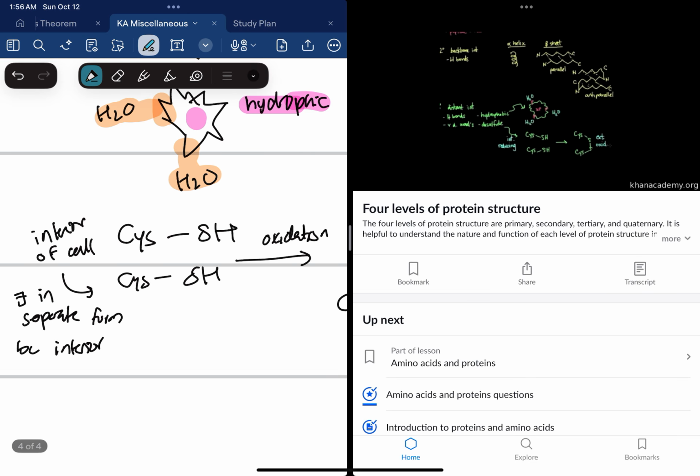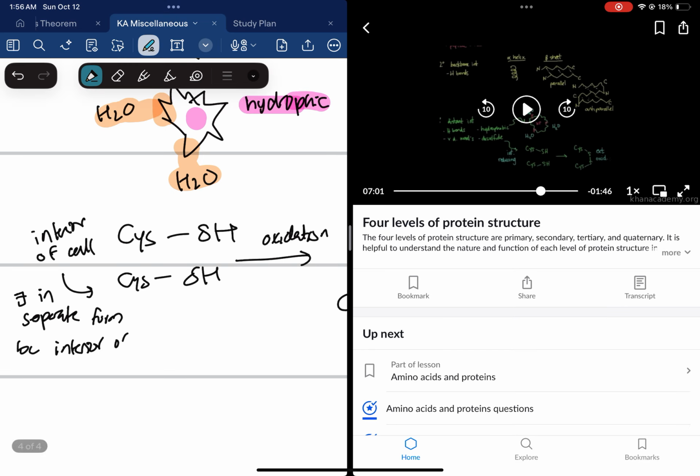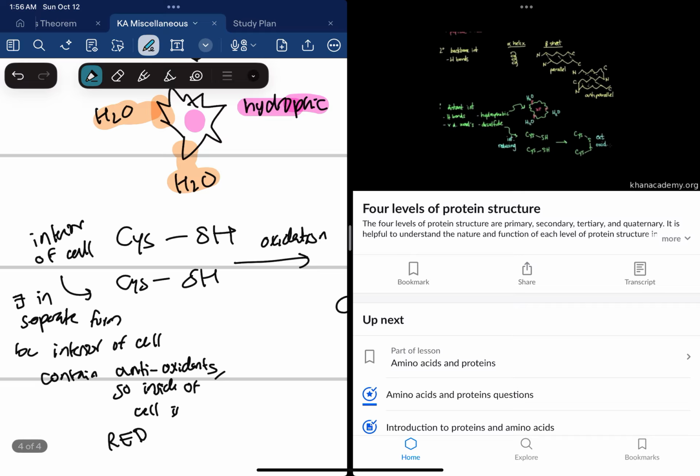So if I were to ask you which environment favors the formation of disulfide bridges, you would say the extracellular space does.